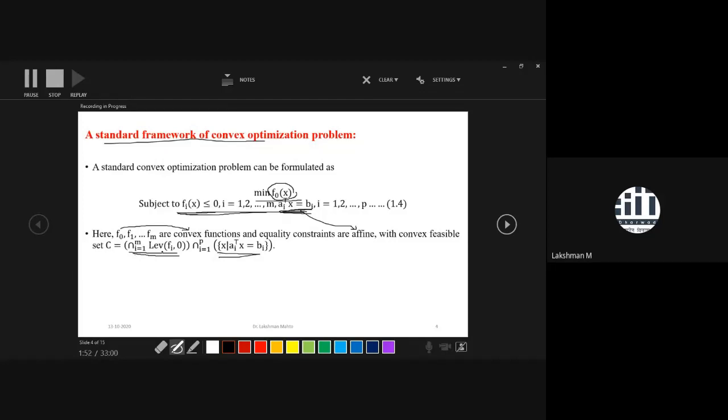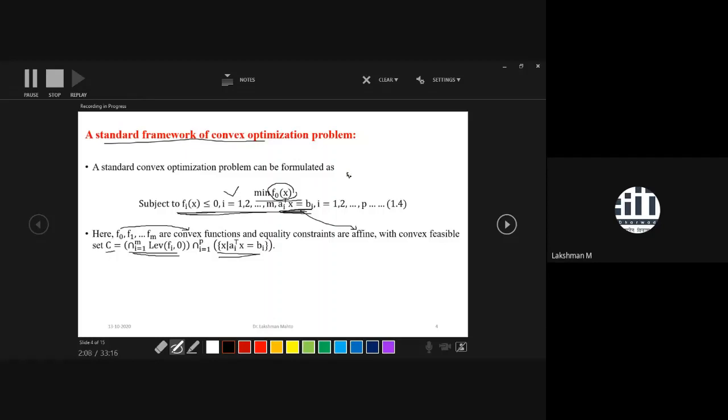So the intersection of convex sets is again convex. Due to the definition of the feasible set of this convex optimization problem, the feasible set C always happens to be a convex set. So in short, you are again minimizing a convex function over a convex set.